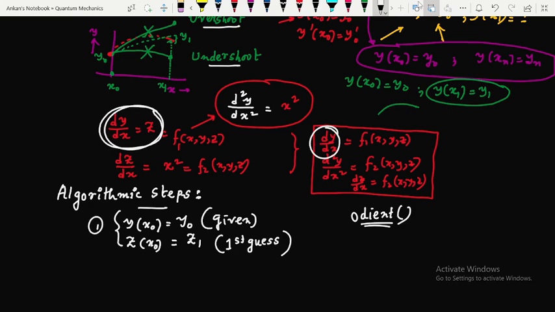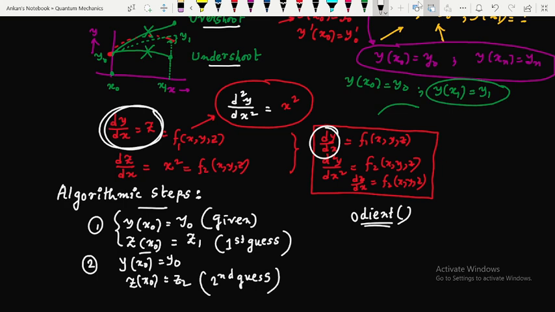We have the given point x equal to x0, given y is y0, and we have to choose the first guess slope z1 at the initial point x0. Next, the value of y at x0 is given to you as y0, and the second guess will be Z2.